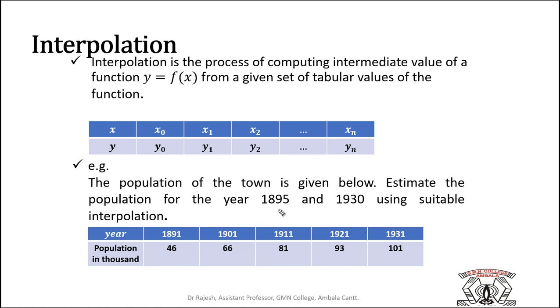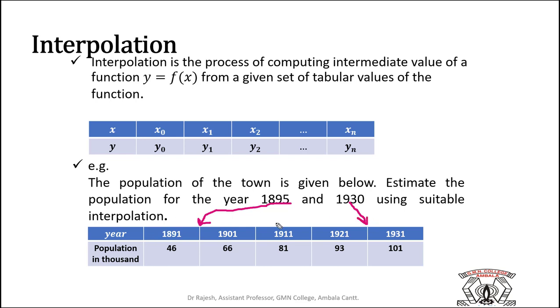So now we are asked to find the population in the year 1895. So that year is falling here. And this year 1930, this is falling in between these two.